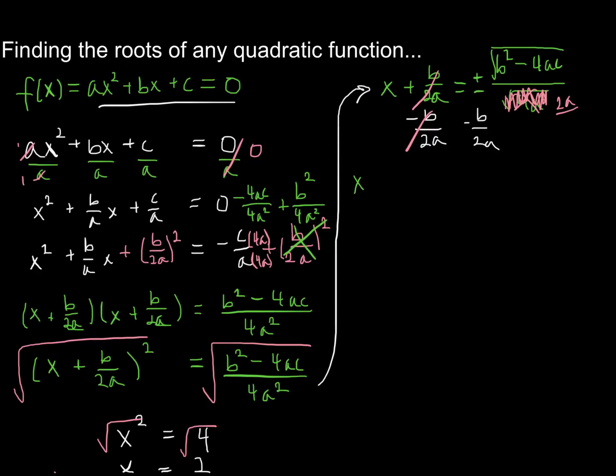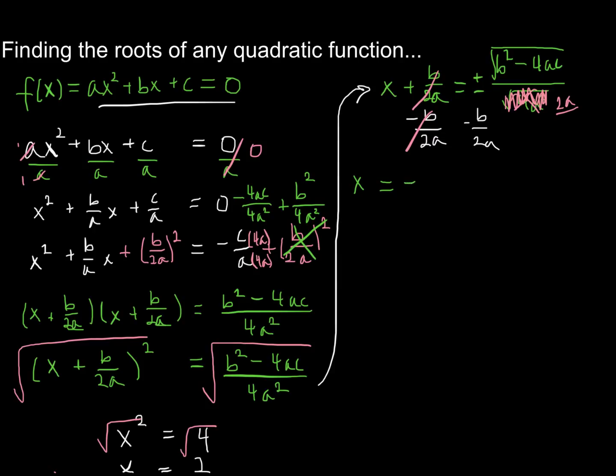And here I'm finally going to not line up my equal signs, simply so that I have enough room on the right side. I have that x is equal to, and let's just write the negative b over 2a first, and then the plus or minus this piece here.